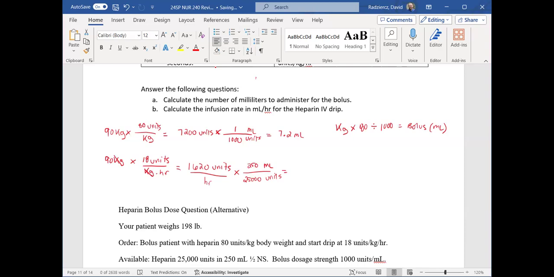Now, I'll tell you right now, just for future reference, this 250 over 25,000 is the same thing as 1 over 100. So you'll hear me say that in just a moment when I talk about the shorthand way of answering this particular question. But you should get an answer of 16.2 milliliters per hour.